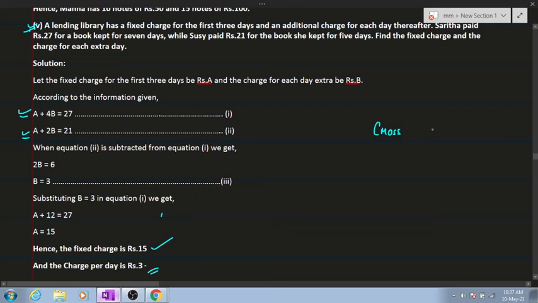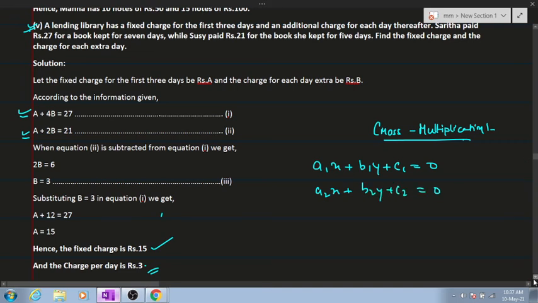Cross multiplication. Look at the screen. Supposing we have one equation as a1x plus b1y plus c1 is equal to 0, and a2x plus b2y plus c2 is equal to 0.